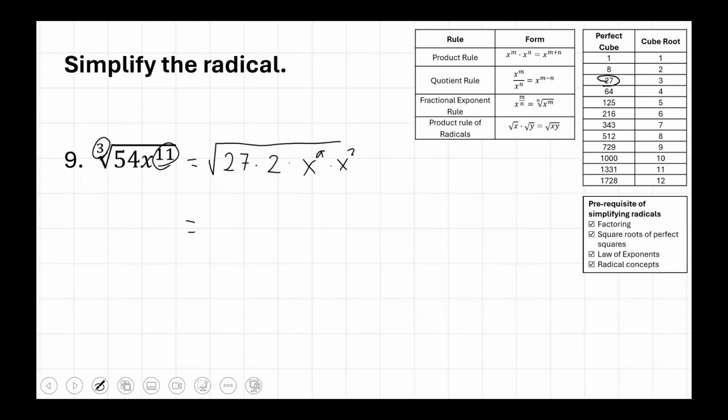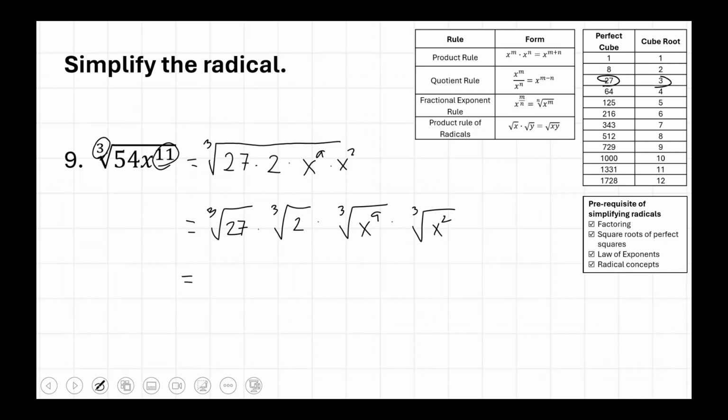Now, using the product rule, we are going to rewrite, but don't forget your radical index. Cube root of 27 times cube root of 2 times cube root of x raised to 9 times cube root of x raised to 2.